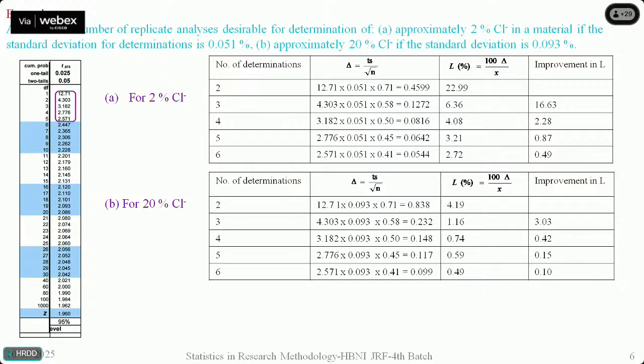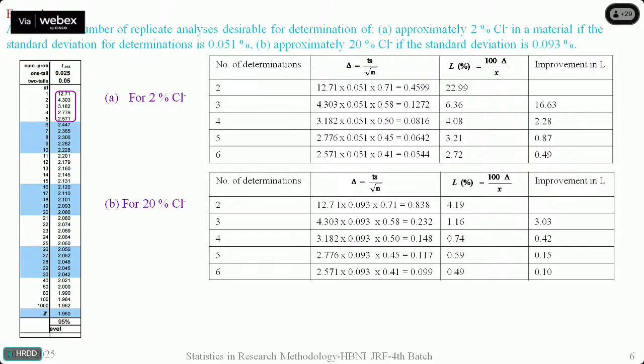You see from 2 to 3, when you are increasing the number of determinations, you can see the improvement is around 16.63%. On the rightmost column, when you come from 2 to 3 determinations, when you increase one more determination, you are increasing the reliability by 16%.